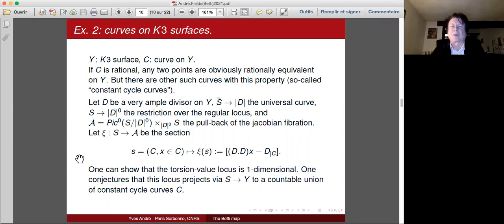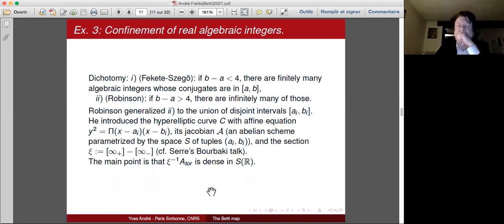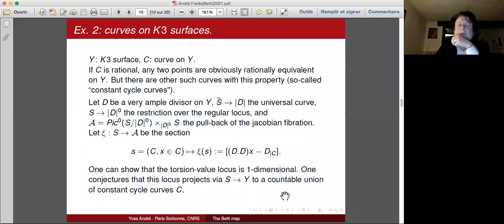One conjectures, furthermore, that this locus in fact projects via the obvious map from S to Y to a countable union of constant cycle curves C. So one expects, especially, that there are many curves which have the property that any 2 points are rationally equivalent, whereas the curve is not necessarily rational.